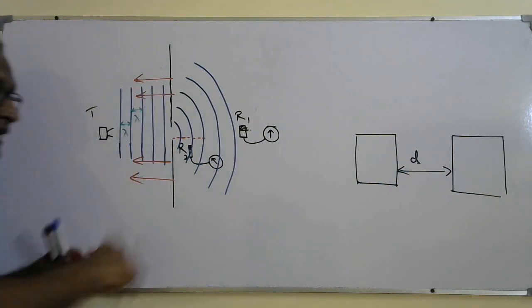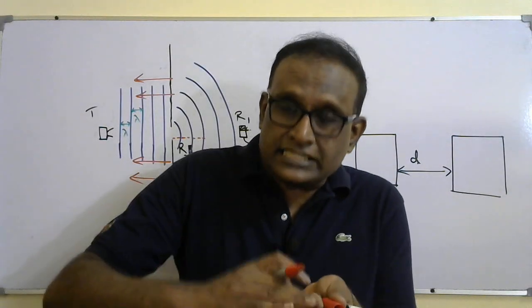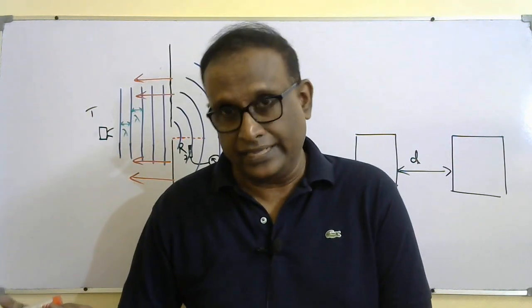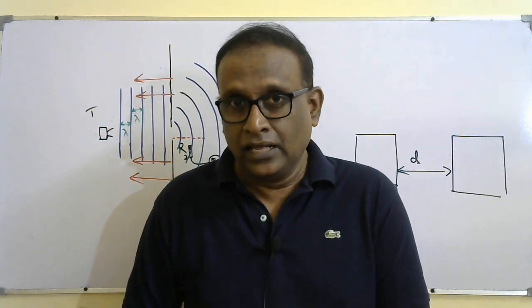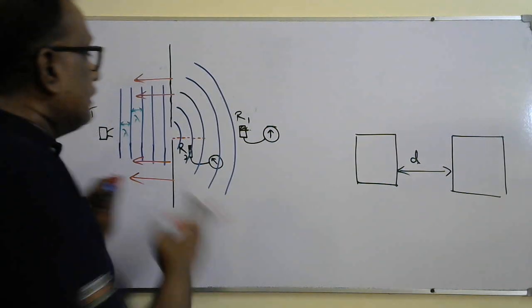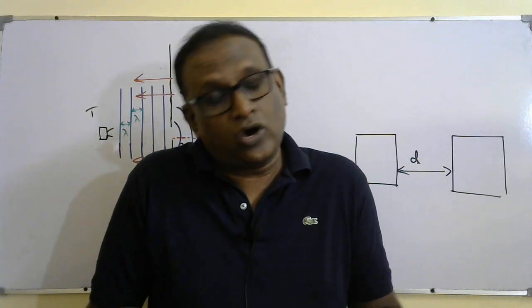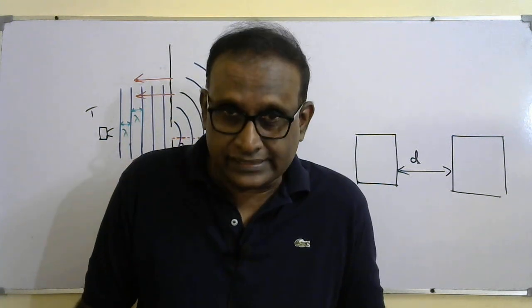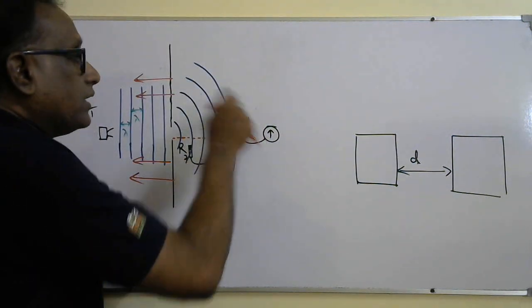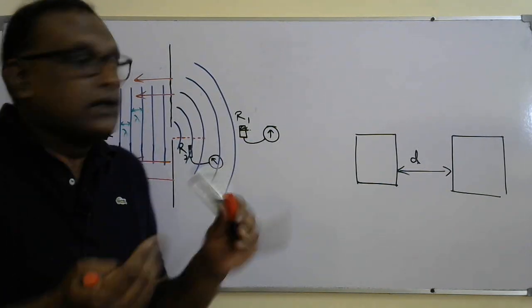So again I'm telling, when the size of the slit is much larger than the wavelength of the wave emitted, almost all the energy will pass through the slit with very little diffraction or almost no diffraction. That's the reason R1 received a higher reading.